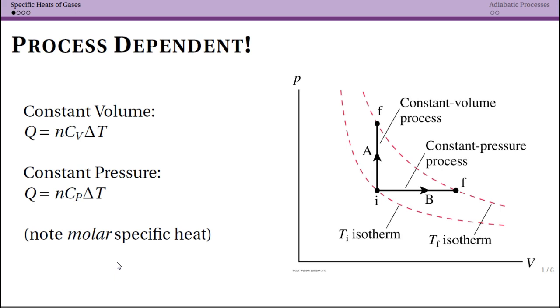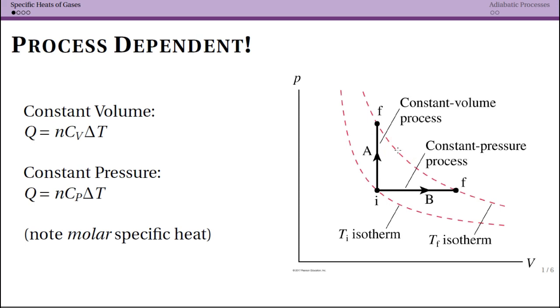So let's think about two different processes by which we have an initial temperature determined by this isotherm and a final temperature determined by this other isotherm. We obviously can go from this isotherm to that isotherm in a lot of different ways.